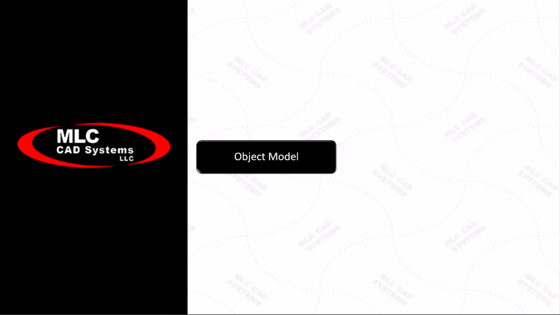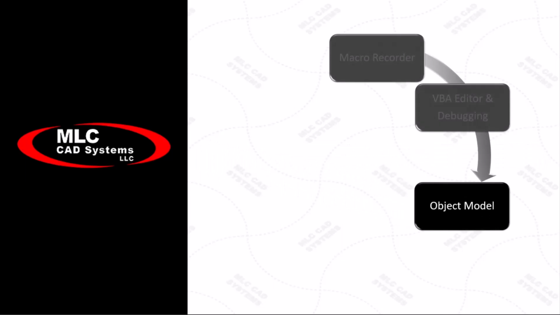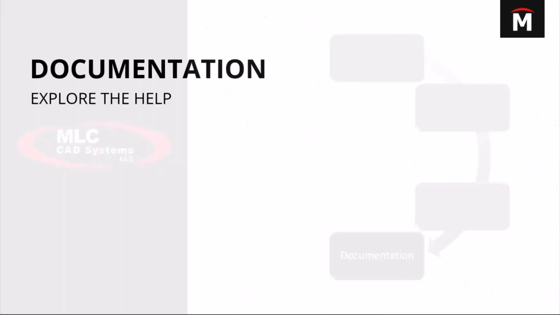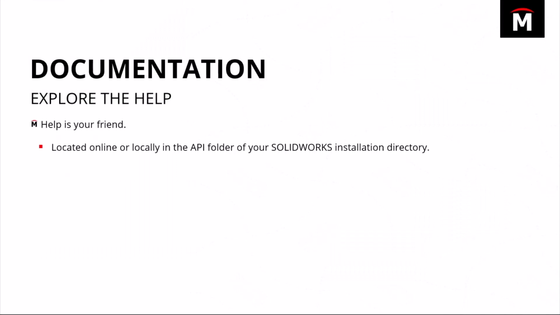The documentation is going to include all the information we need in order to develop our own macros. The help is your friend. Make sure you're using it because it has every interface, every method that we would need to interact with. It also includes some great examples. This help file is located either online or locally within your own SOLIDWORKS installation directory. So by default, that's in your C Program Files folder.